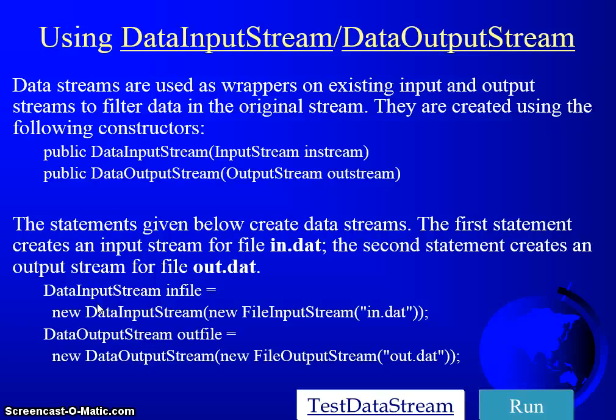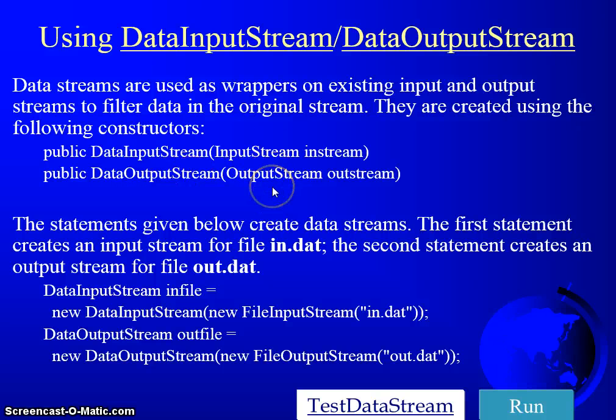Alright, so now let's see how we're going to deal with this. Data streams are used as wrappers on existing input and output streams to filter data in the original stream. They are created using the following constructors. You can say DataInputStream and then an InputStream, as well as the DataOutputStream.